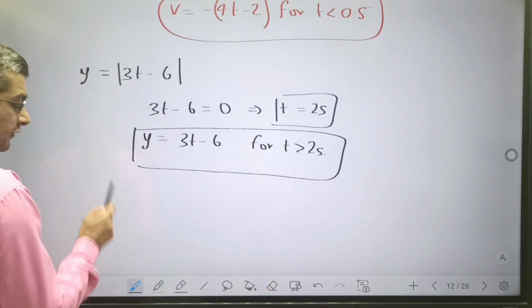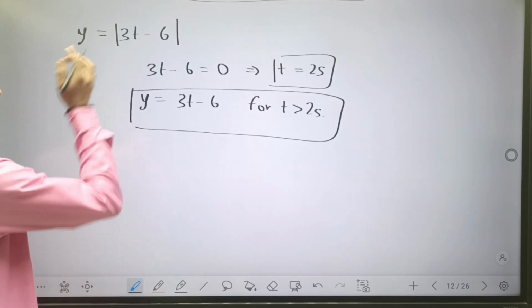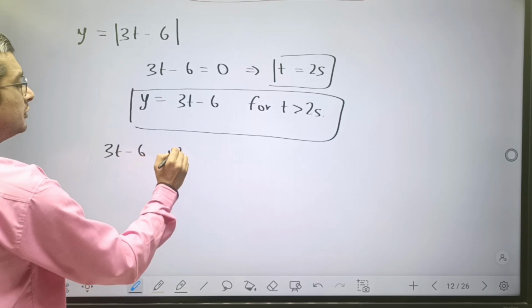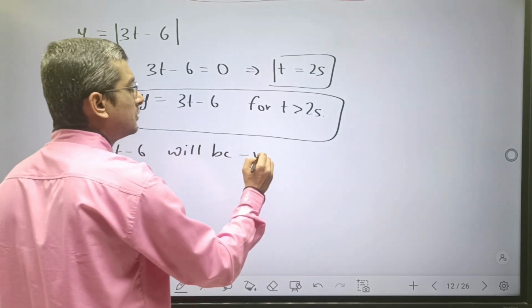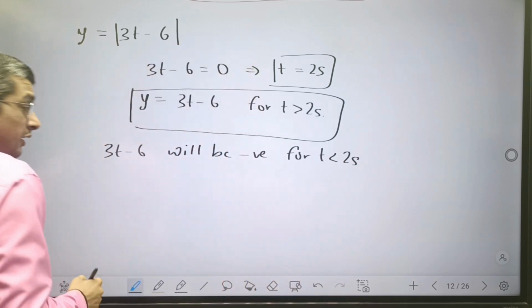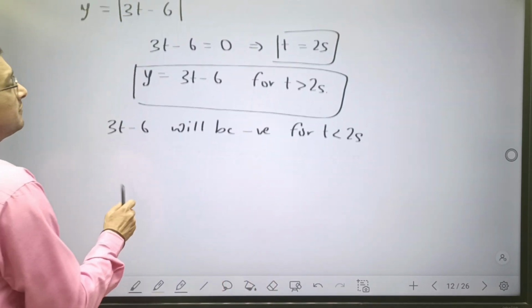Ready? Second equation: 3t minus 6 will be negative for t less than 2 seconds. So to make it positive, we must apply a minus sign before the expression 3t minus 6.